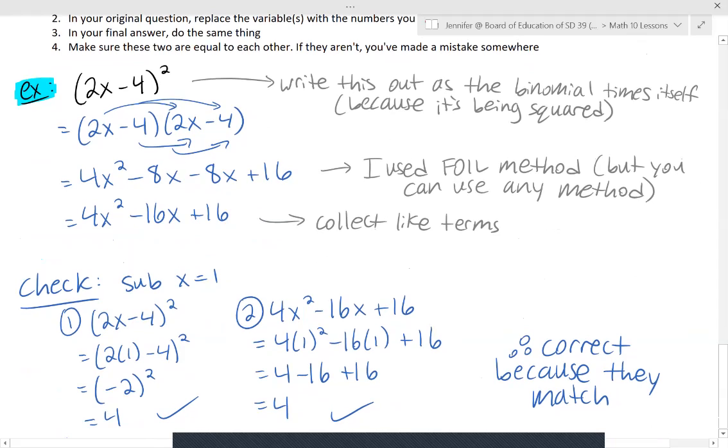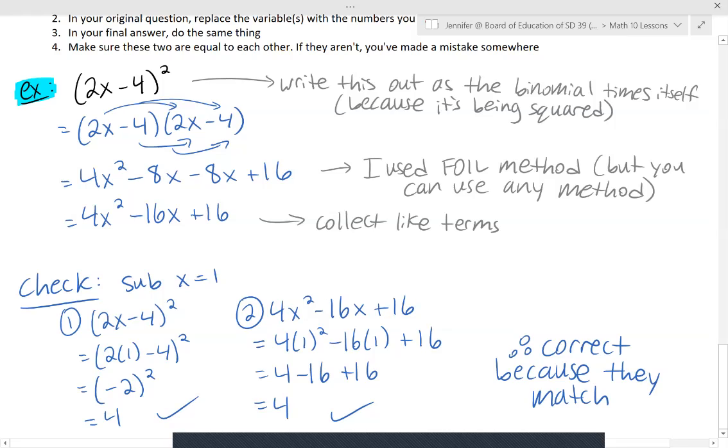So I've done that in this example here. I have my original question and I have my answer here. To check, I'm just going to replace the variable x with 1. If you have multiple variables, like let's say there's also a y in here, then I might also replace y with 1. So the first kind of check that I'll do is take the original question and replace the variable whenever it shows up with that number 1.